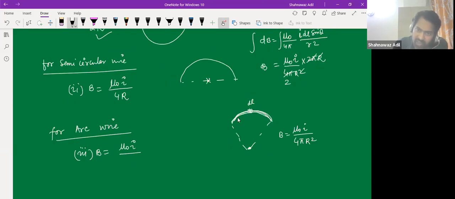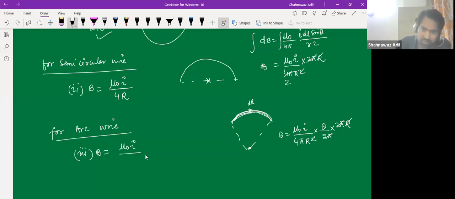And what is the arc length? Arc length is theta by 2 pi into 2 pi r. So 2 pi will cancel, and this r will cancel. So this would be how much?